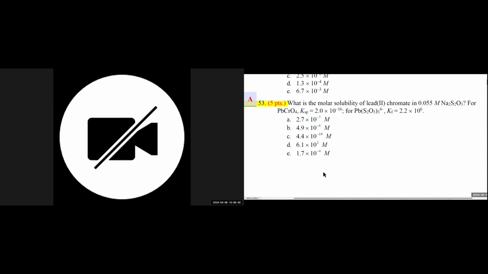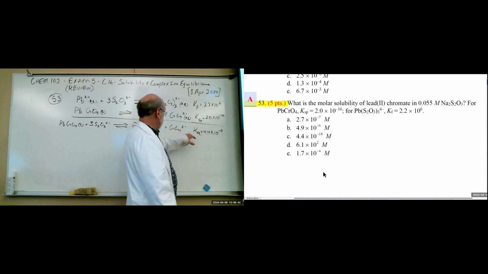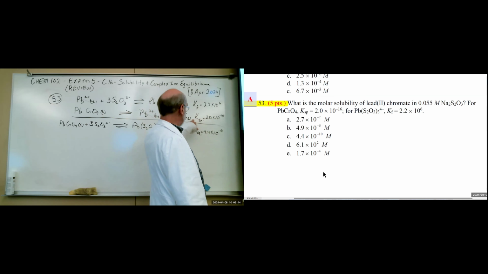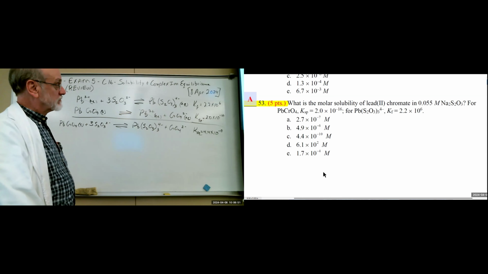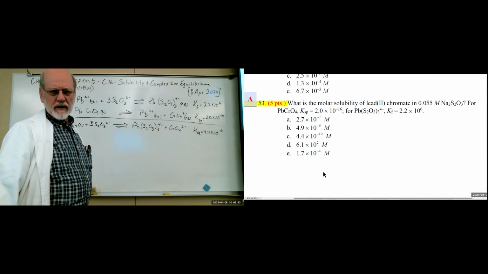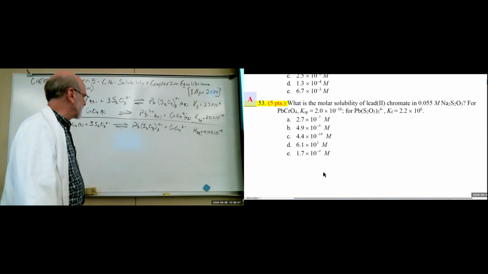Okay, so the K of this reaction is bigger than that K by 4 orders of magnitude. So I guess that's a good thing. All right, so what are the conditions here for the molar solubility?